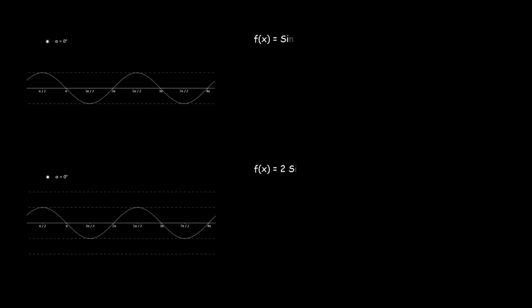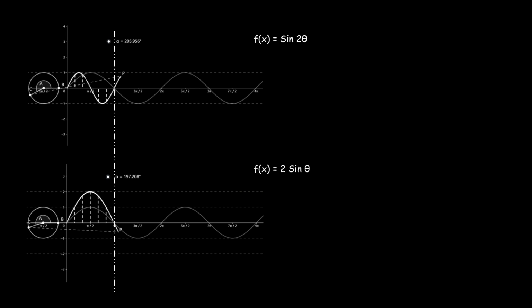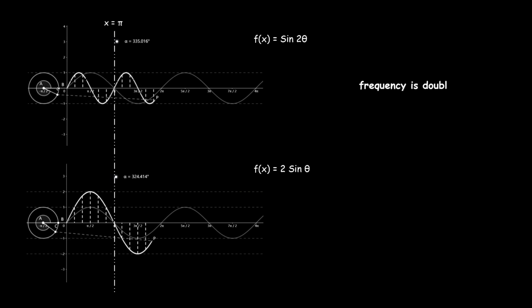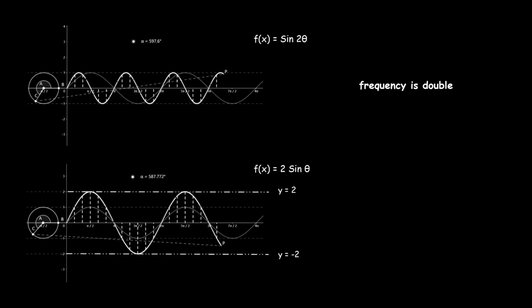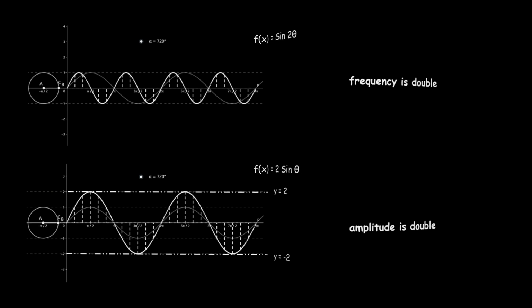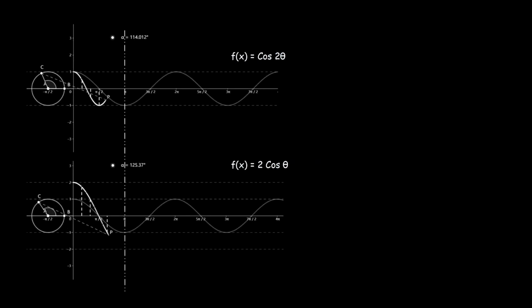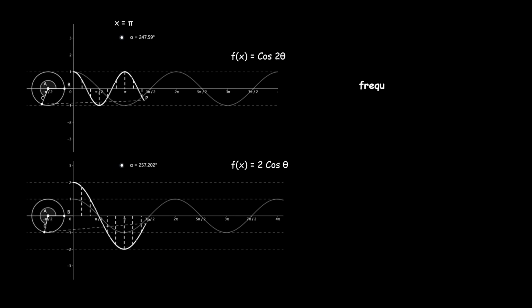Let's look at two variations of sin x. The first completes one period faster, while the second has an amplitude that is double. The same pattern applies to similar variations of cosine x.